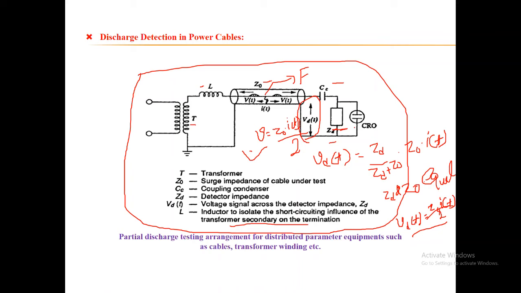If the site is at another point, the time difference between the original pulse and its reflection may be of any value from 0 to 2 tau, where tau represents the transit time of the propagated wave.